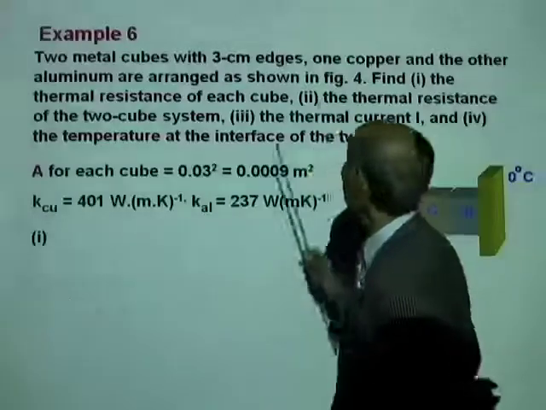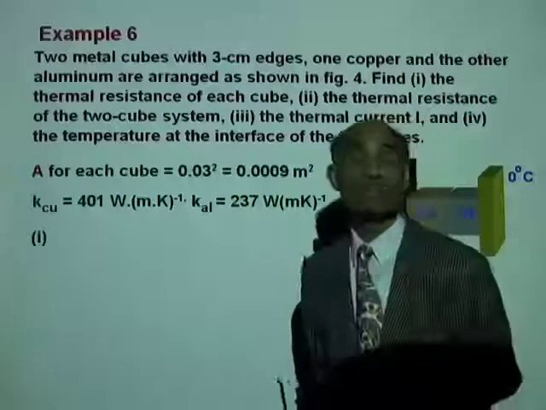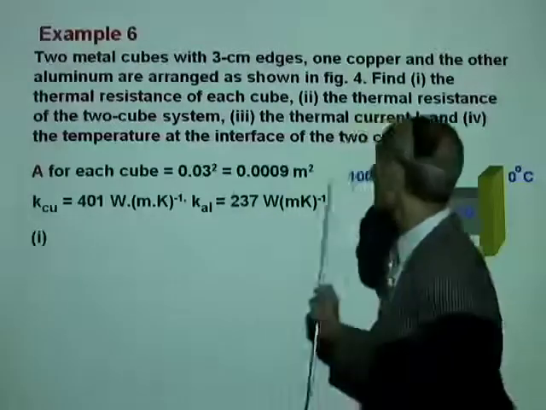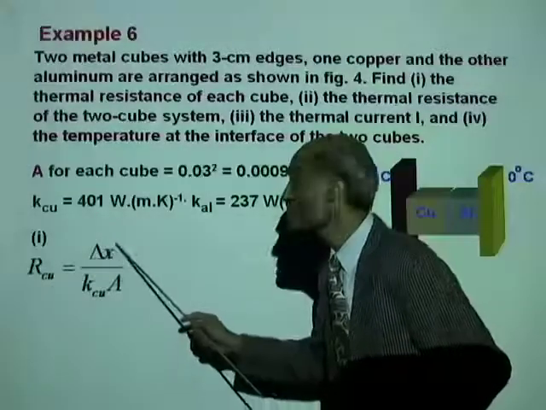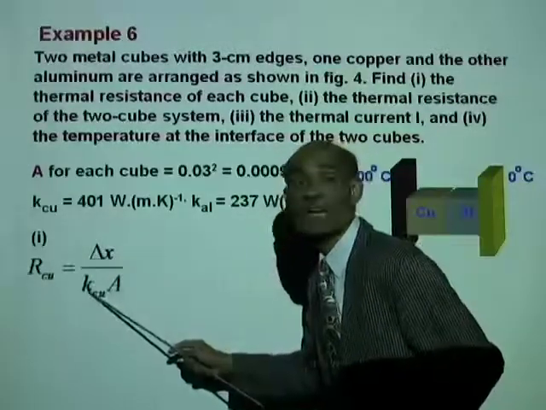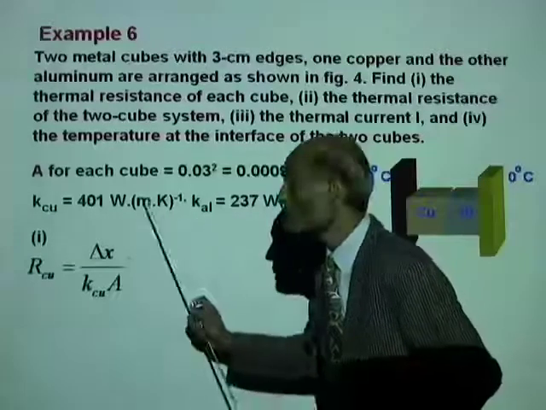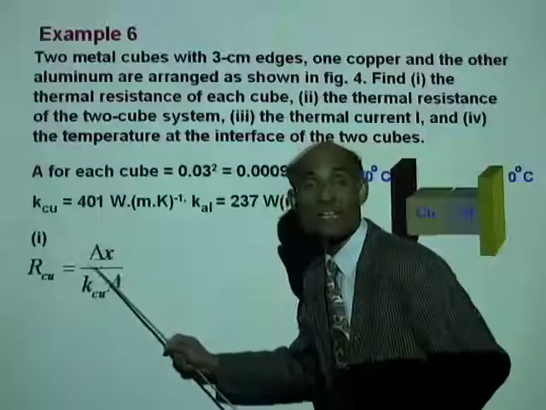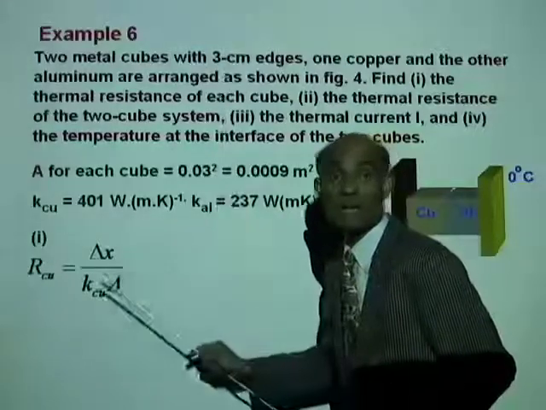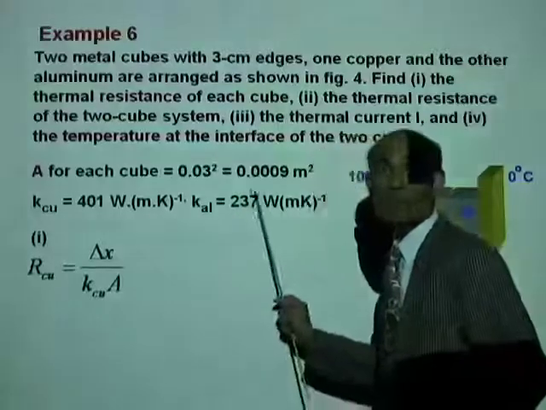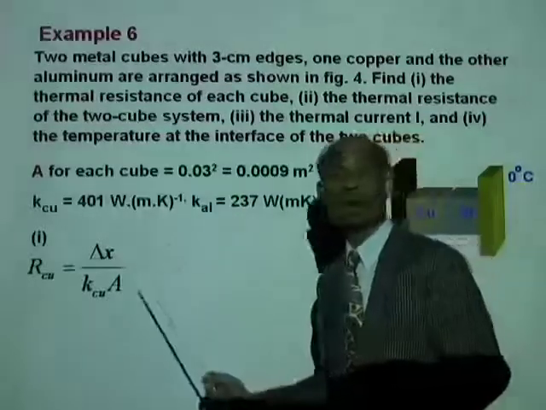Now, we need to find the thermal resistance of each cube. Let's find the thermal resistance for copper. R copper is delta X divided by K copper times A. If you notice, for each cube, delta X is 0.03 meter and A is 0.0009 meter squared.